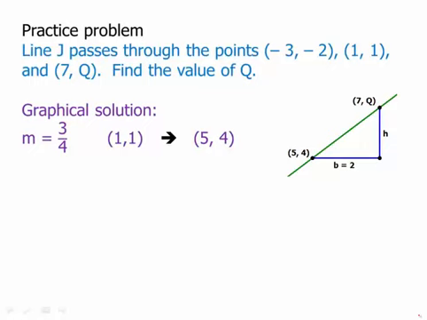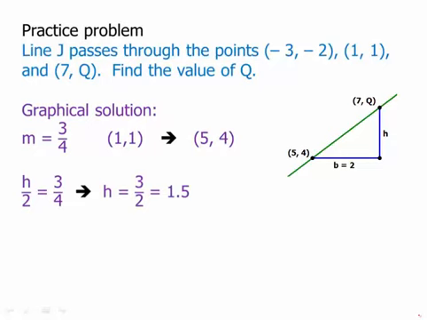So that little slope triangle there has a run of 2, we'll call the height of it h, and it must be true that rise over run, h over 2, equals the slope of the line. h over 2 has to equal 3/4. So we set up this proportion. We solve for h equals 3/2. 3/2, I can write that as 1.5.